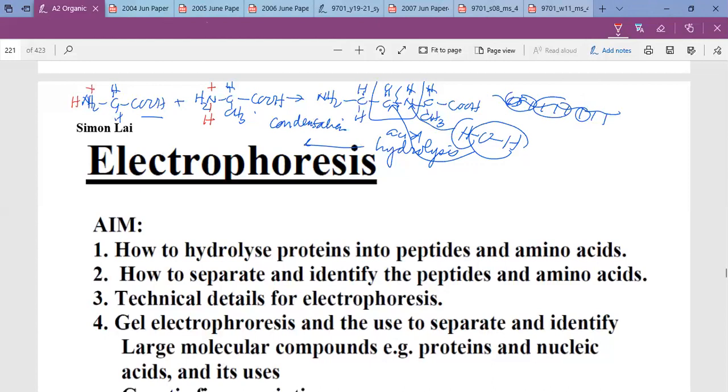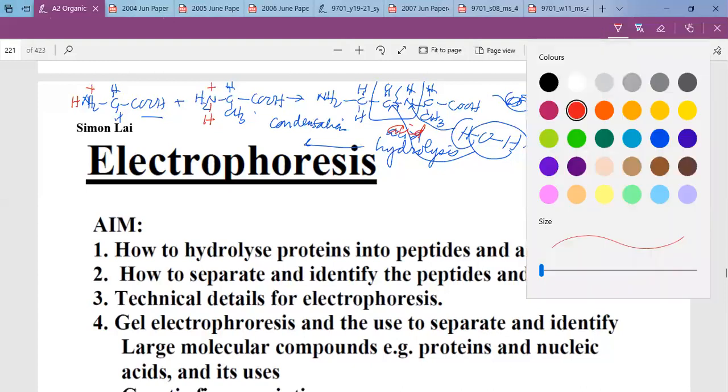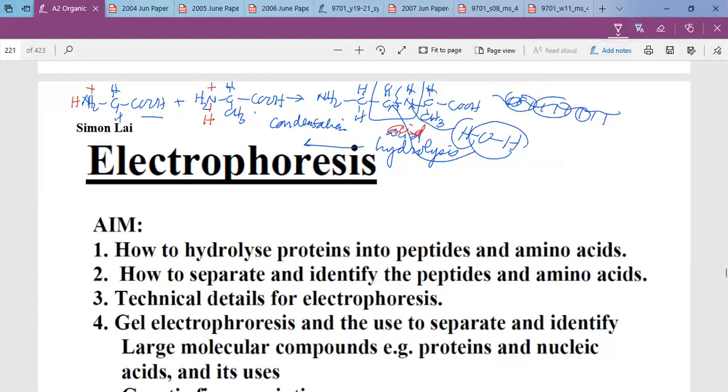And if it's alkali, I put another color now. This is acidic, red. If it's alkali, I put green now, or purple. If it's alkali, you have OH. This part doesn't have it.